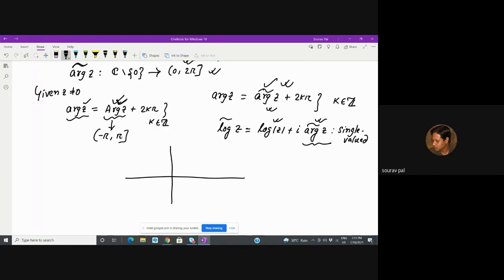If you choose minus pi, you are taking this angle; it does not touch there because minus pi is excluded. So all points on this part have angle plus pi because plus pi is included. If you talk about the interval 0 to 2 pi, then you are choosing this half of the x-axis, and if you choose a point here, it has angle 2 pi. So 0 is excluded, 2 pi is included.